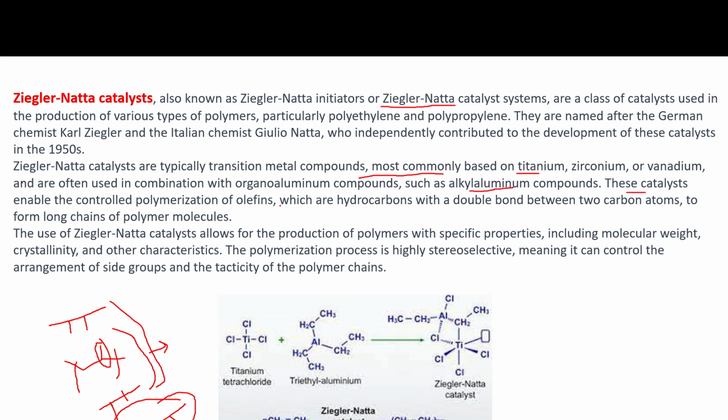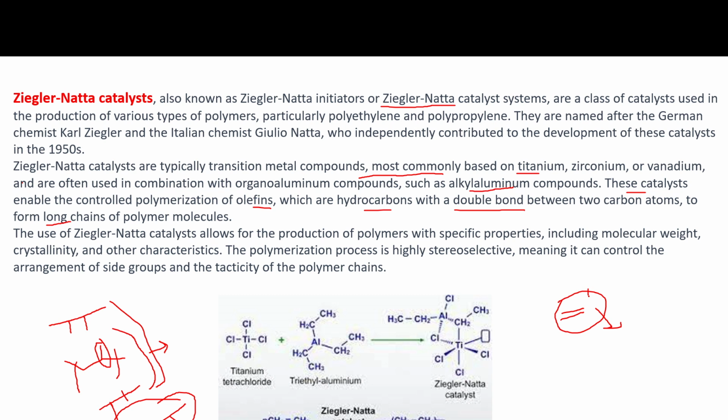This catalyst enables controlled polymerization of olefins, which are hydrocarbons with a double bond between two carbon atoms, into long polymer chains. When we talk about double bond monomers, we talk about free radical polymerization, and those with a double bond can also be polymerized by this Ziegler-Natta catalyst.